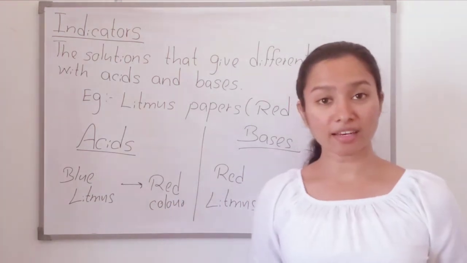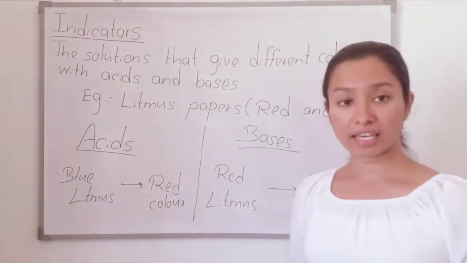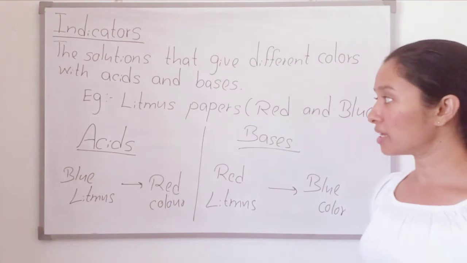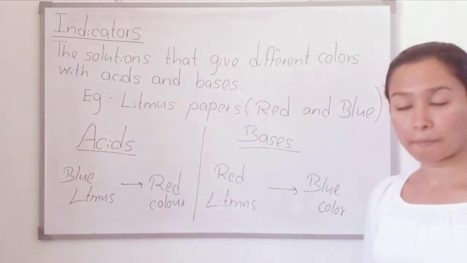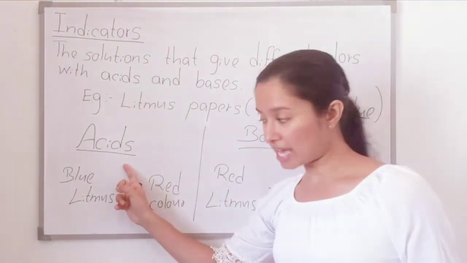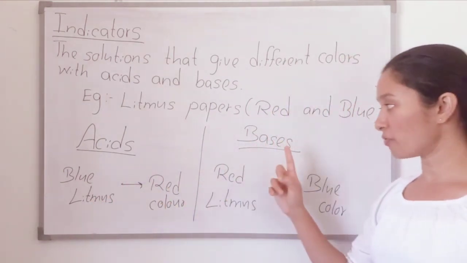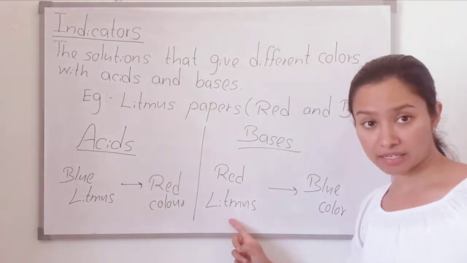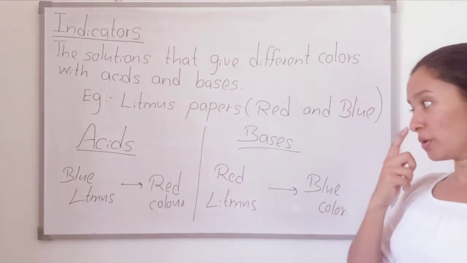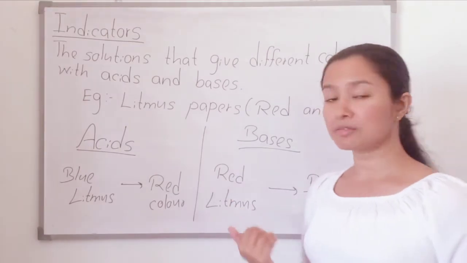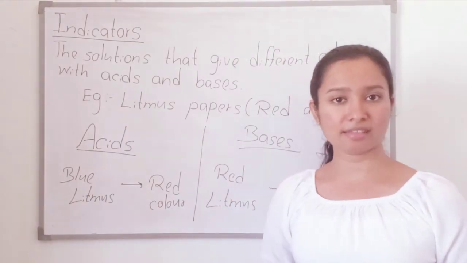So we can easily identify acids and bases by using litmus papers. In the presence of acids, blue litmus turned into red color. In the presence of bases, red litmus turned into blue color. In the presence of neutral substances, the litmus papers do not change color.